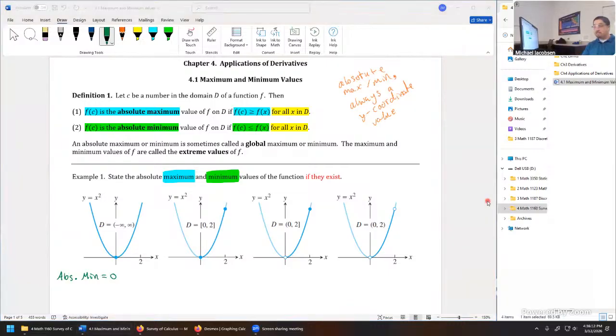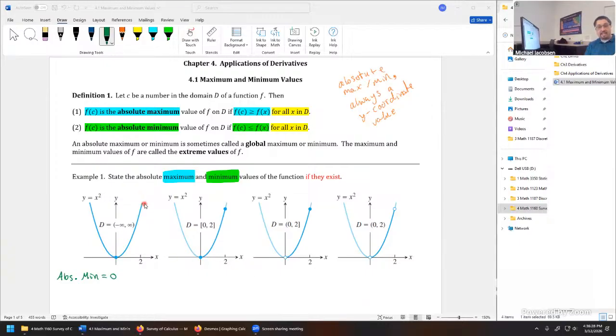Infinity is not a bad idea because, yeah, this graph just keeps on going up and up and up. So the concept of a maximum just seems kind of broken on this one. Saying infinity would be a way to say it doesn't actually reach a maximum whatsoever.